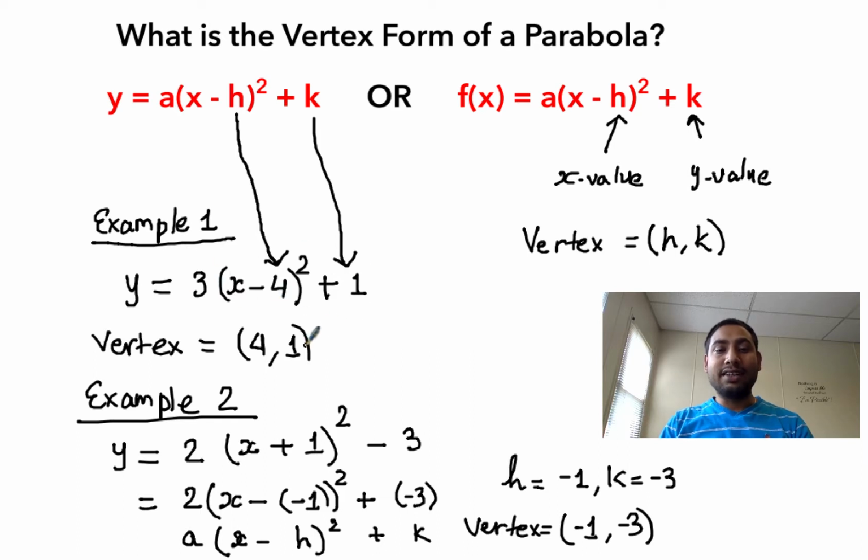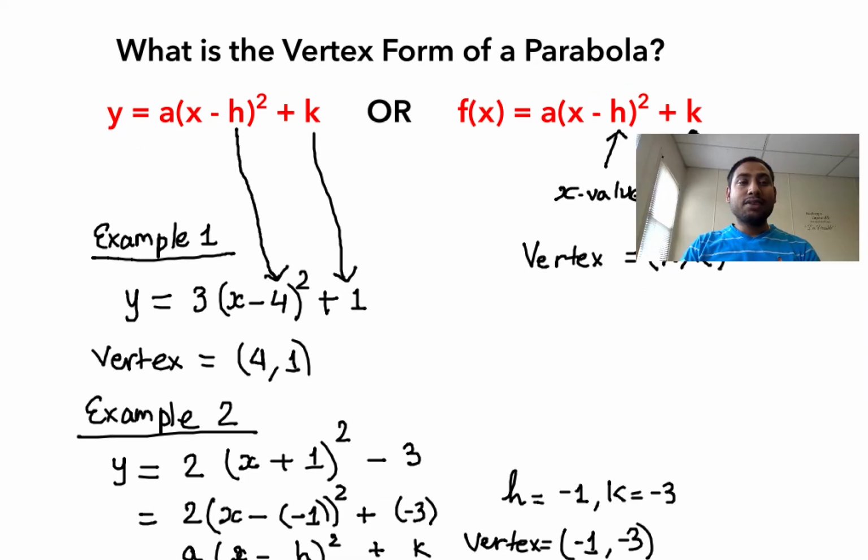The y value keeps the sign, so positive 1 here, and negative 3 here, which is also negative 3 down there. So this is what the vertex form is good for. It will let you figure out the vertex of a parabola right away.